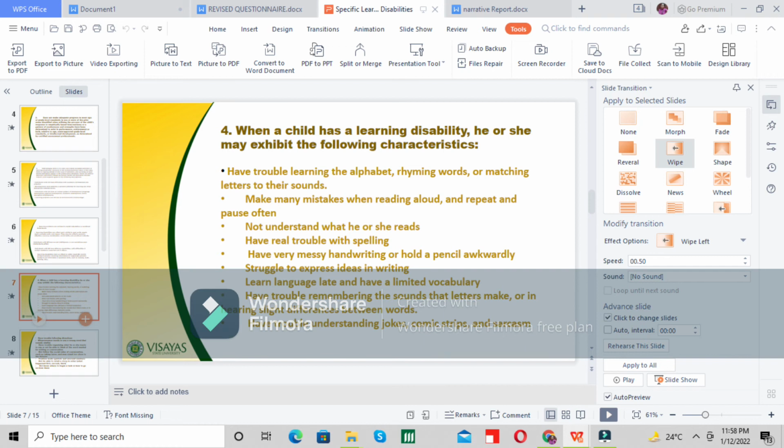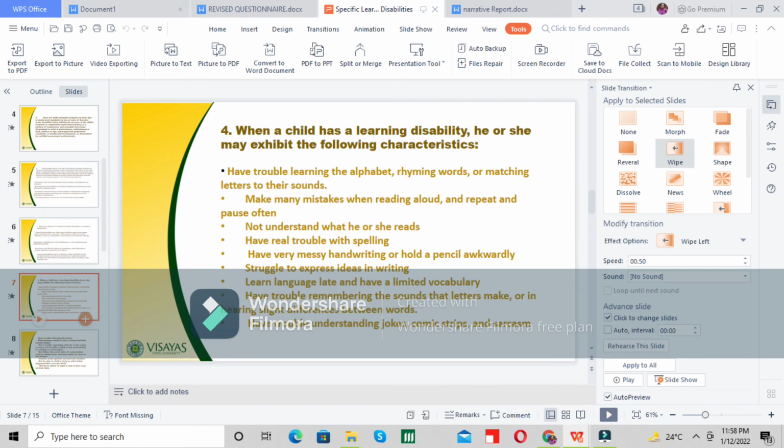My son is already 3 years old but still cannot speak a sentence or a phrase, only single words like mama, papa. But some 3-year-old kids can really say a sentence. And that is one example of a person who has a learning disability.